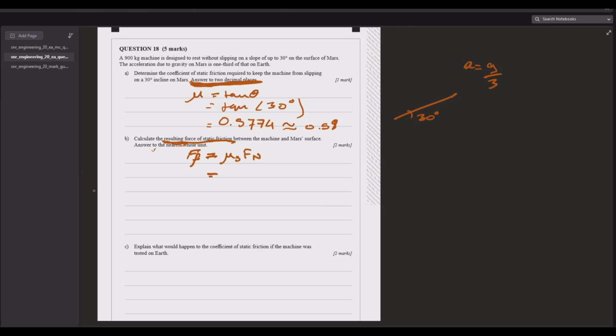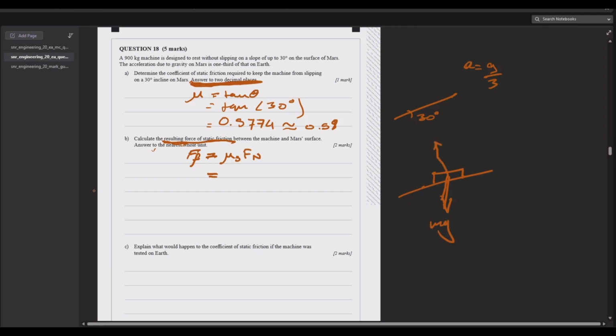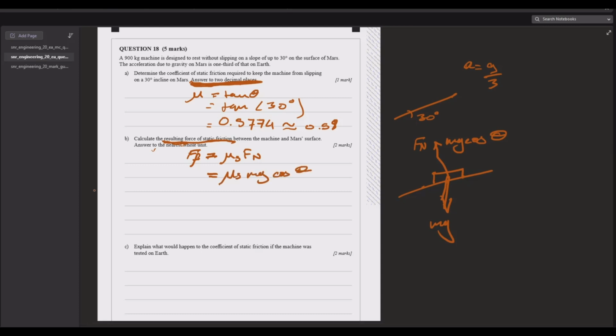You got to remember normal force isn't just mg, because when you have an object on a plane here, sure, that's going to be mg, but that's not the normal force. This force here is actually mg cos theta, and that's Fn. So it's going to be mu s mg cos theta.